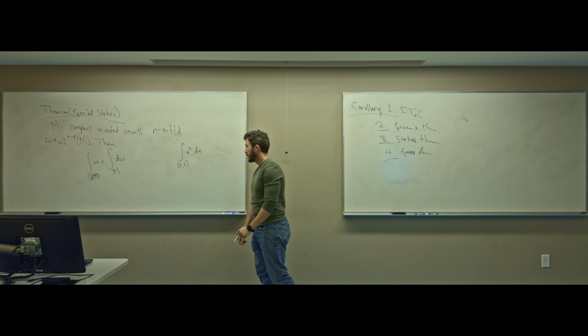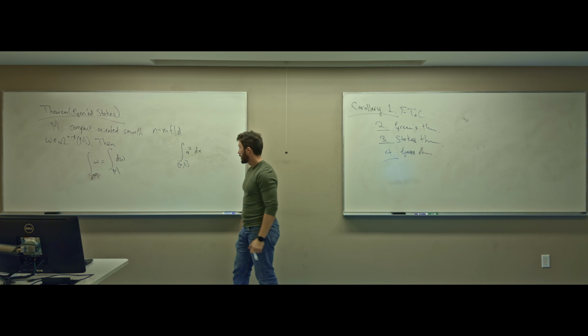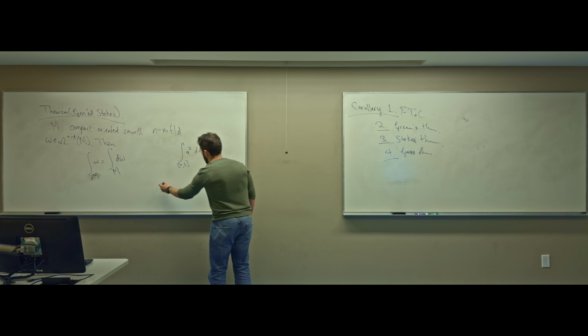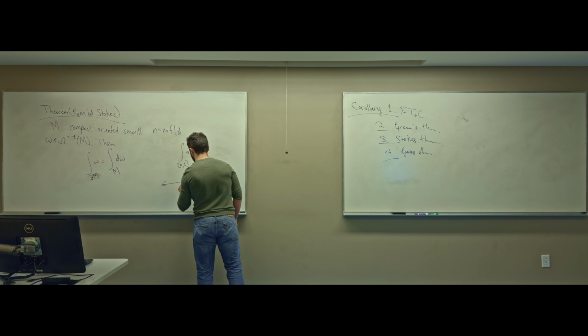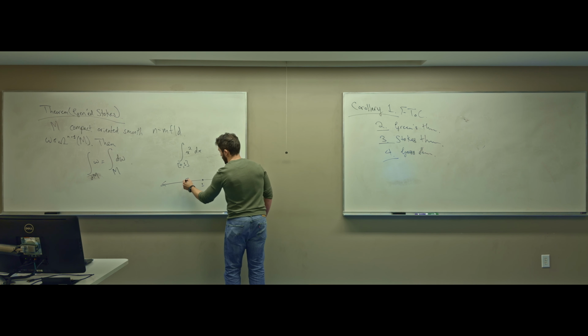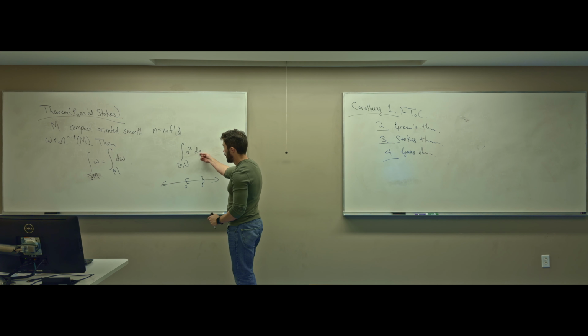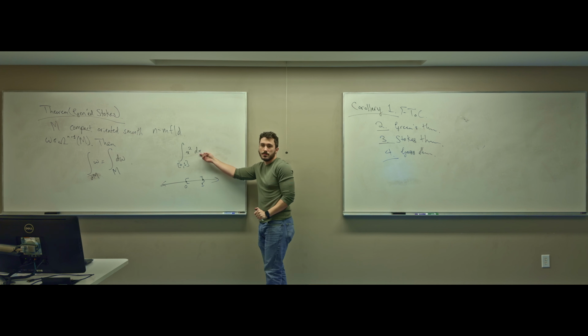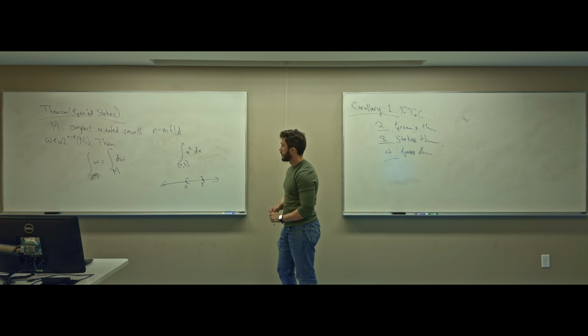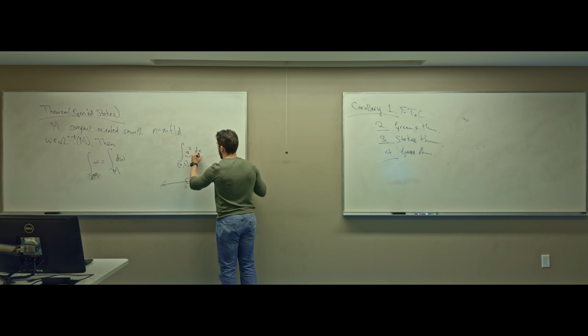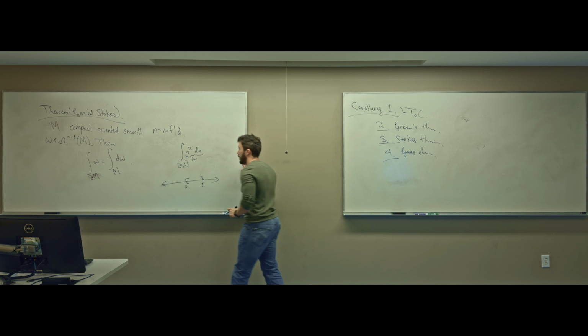I want to integrate this using Stokes' theorem. Imagine the interval: here's 0, here's 1. I'm just integrating over this form. So I want to know what omega should be. In this case, this whole thing is d omega for us. What should omega be?